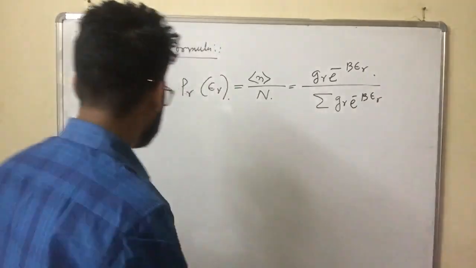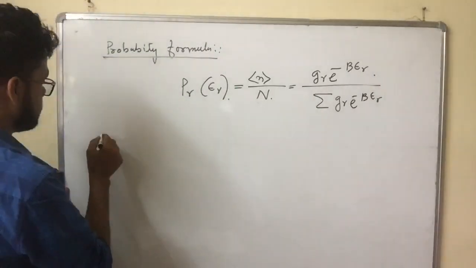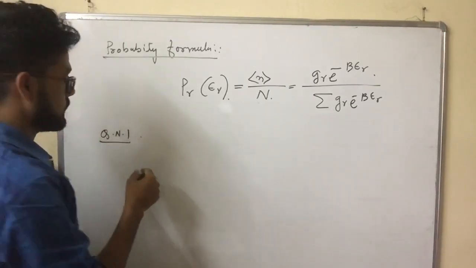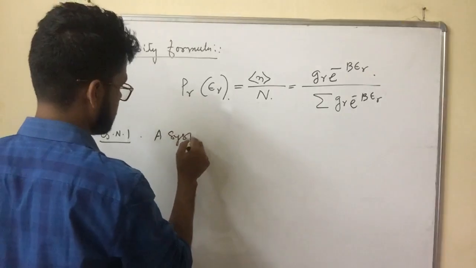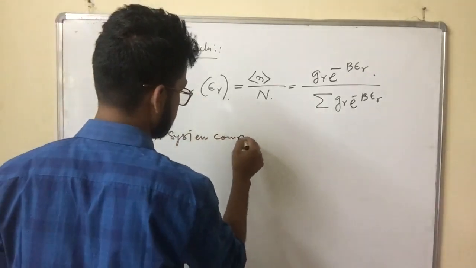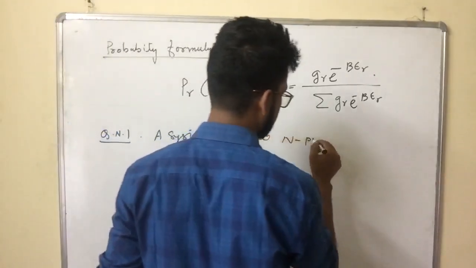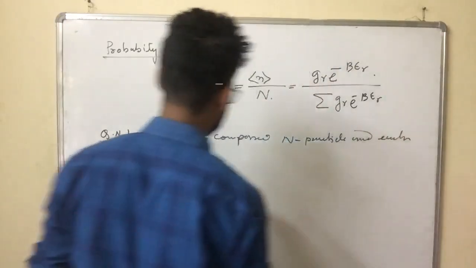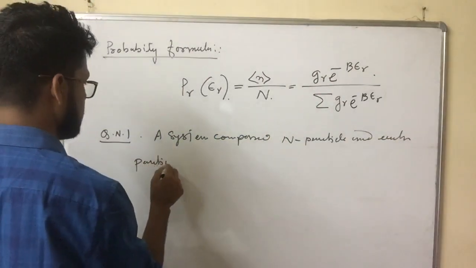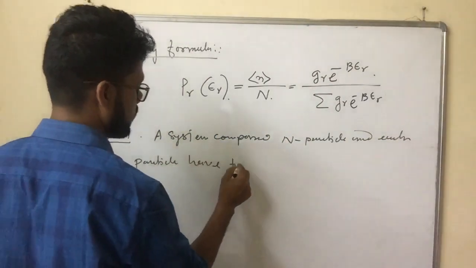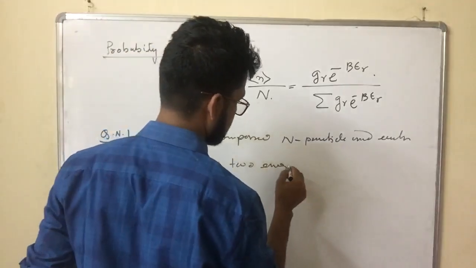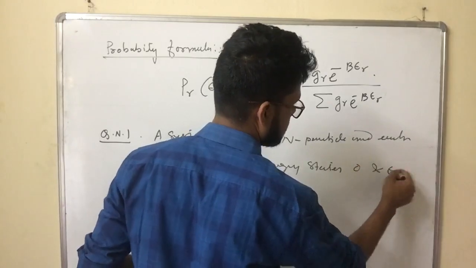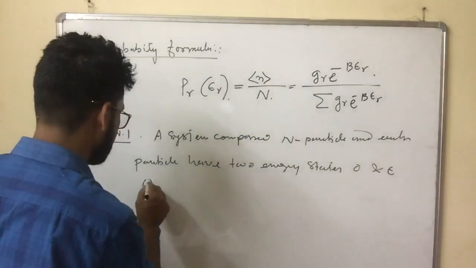How can you understand? A question. Read the question carefully. Question number 1. This question comes in the NET exam. A system composed of n particles and each particle has two energy states, 0 and E, which are non-degenerate.